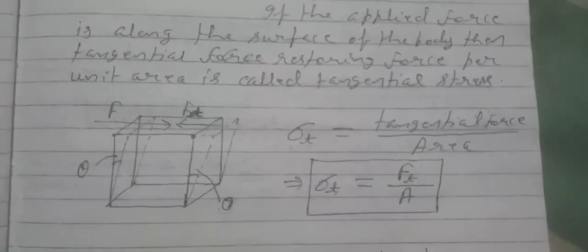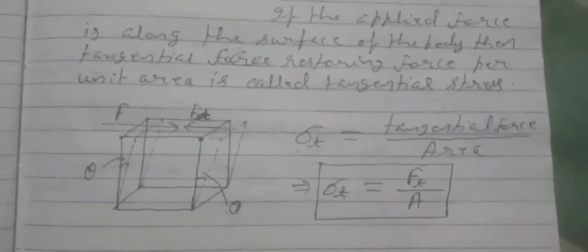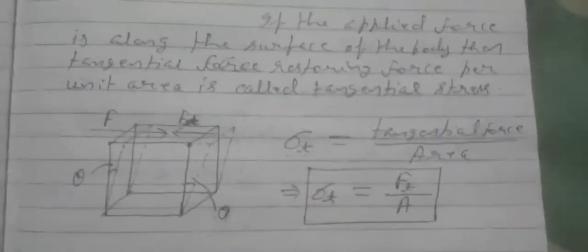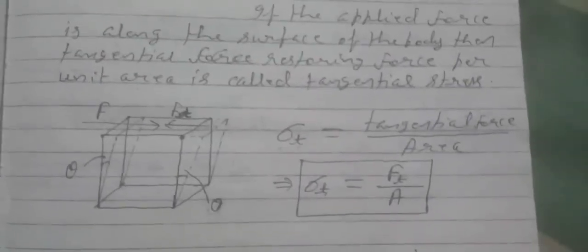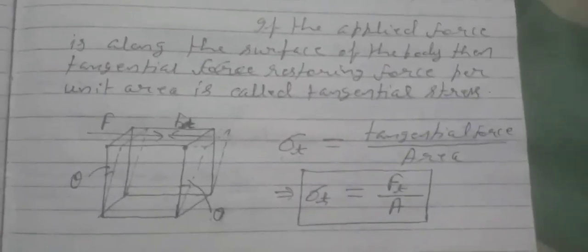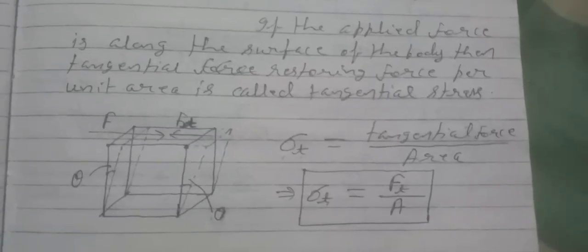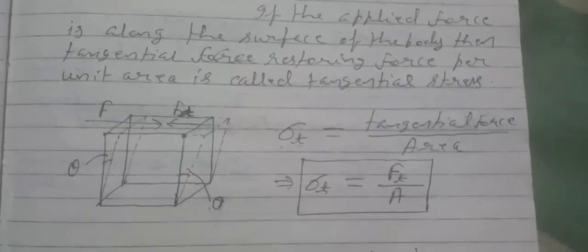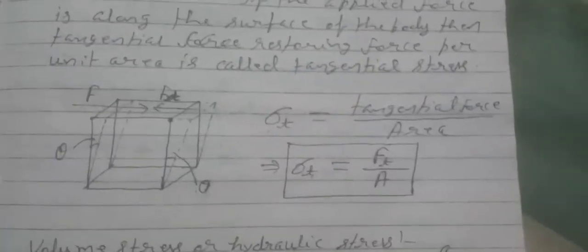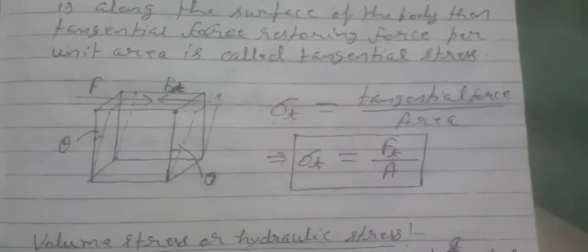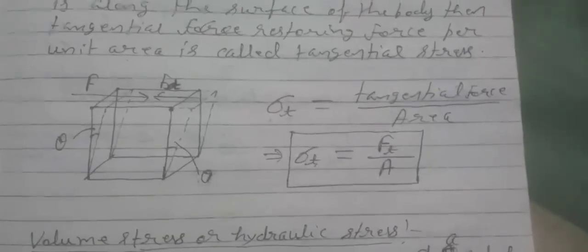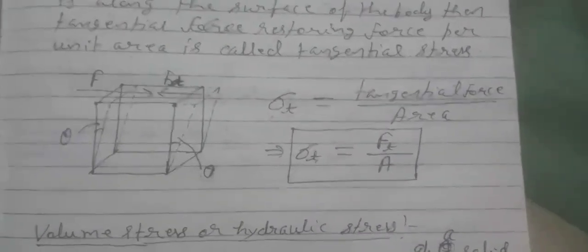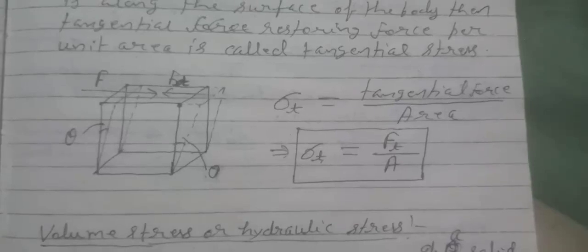Then a restoring force acts opposite to the applied force. In this case, the stress developed is called tangential stress, and it is given by sigma t equals Ft by A, where Ft is the tangential force and A is the surface area.